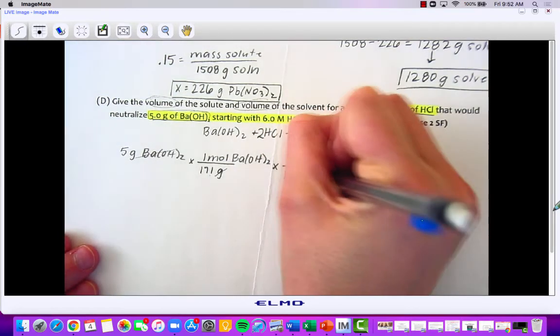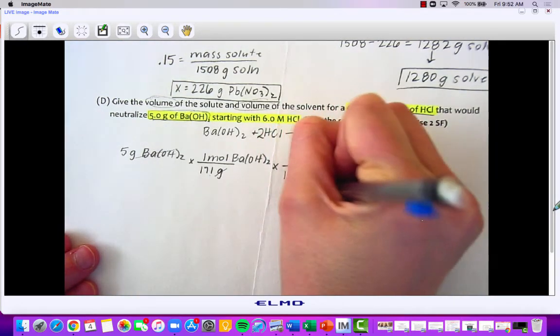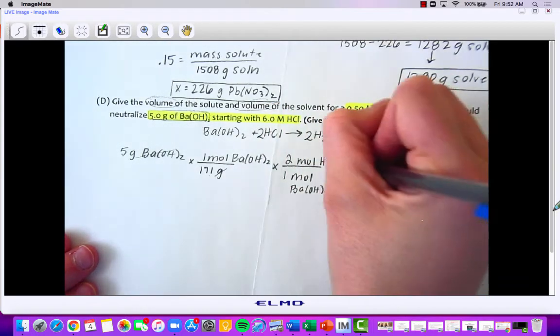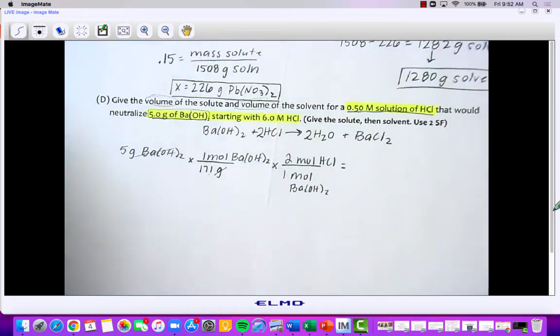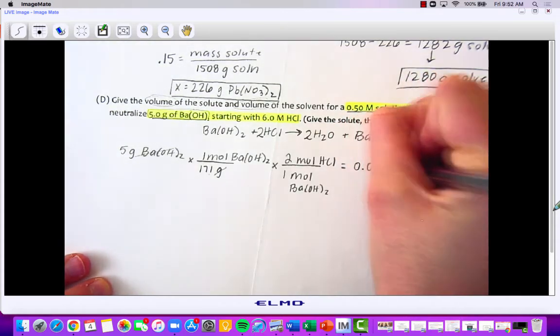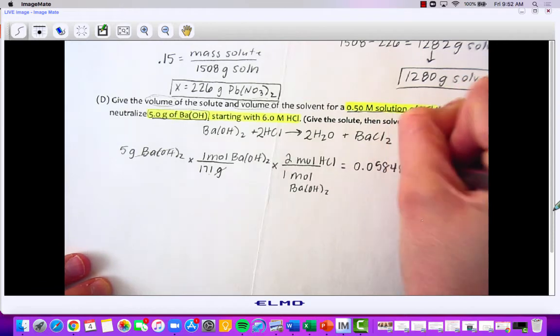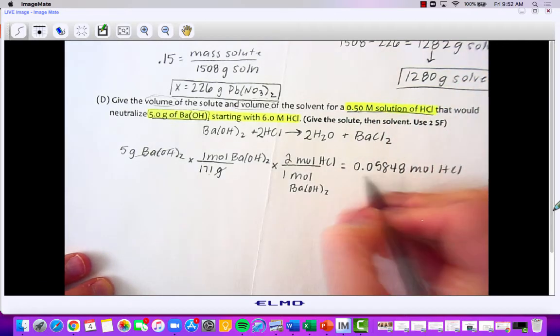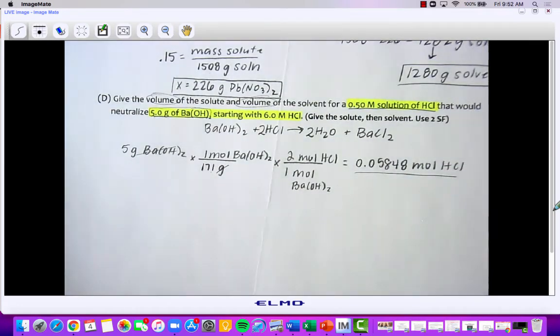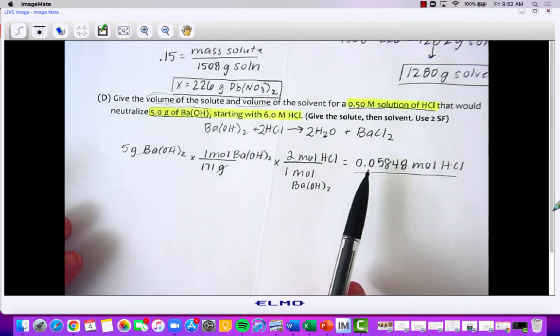So for every 1 mole of barium hydroxide, 2 moles of HCl is required. And I'm going to go ahead and solve. So 5 times 2 divided by 171, 0.05848 moles of HCl. So I went out to 4 sig figs. So this is the number of moles of HCl that are required.